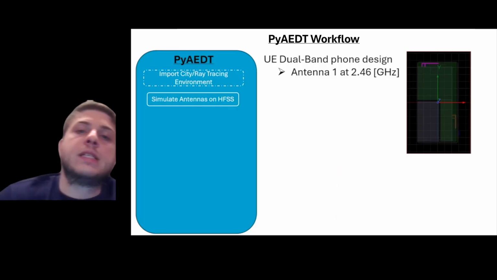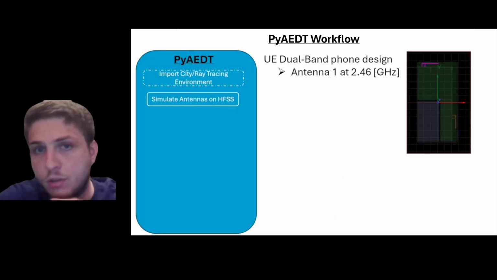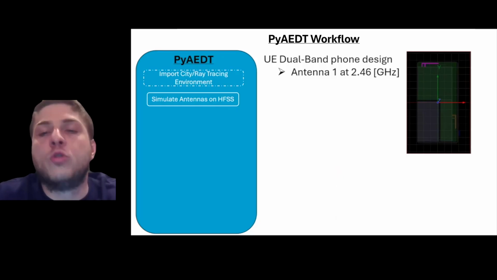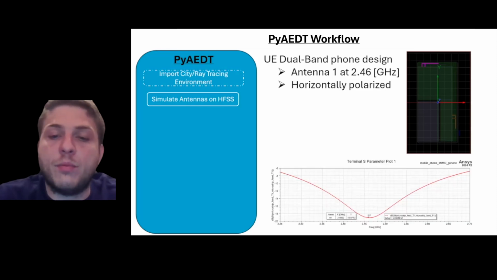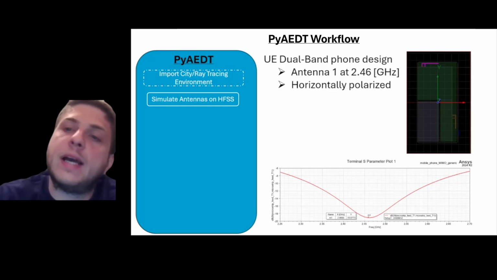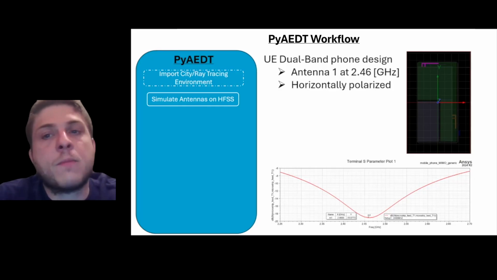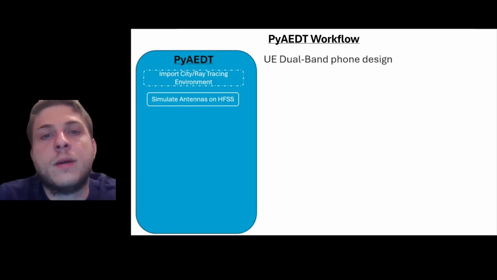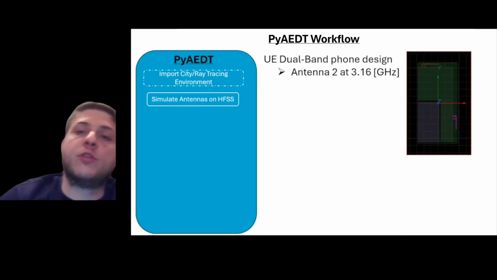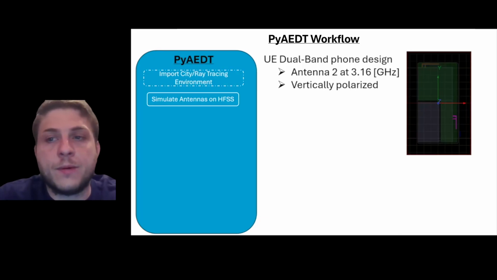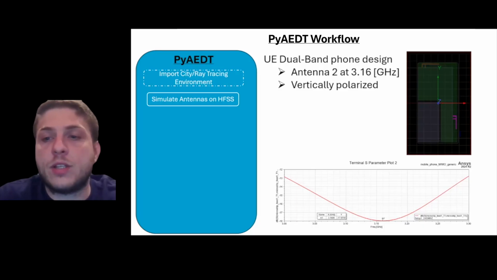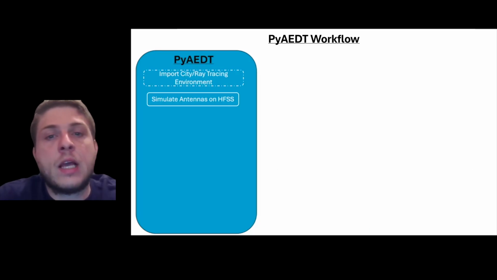So the two UE design, the first antenna is on top, is a horizontally polarized antenna at 2.46 gigahertz. Here you see the S parameter plot, which demonstrates that it's matched properly at 2.46 gigahertz. The second antenna is at 3.16 gigahertz, and again, it's vertically polarized and is matched at 3.16 gigahertz.